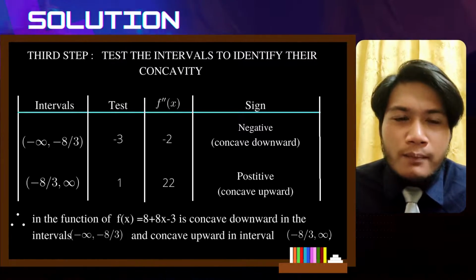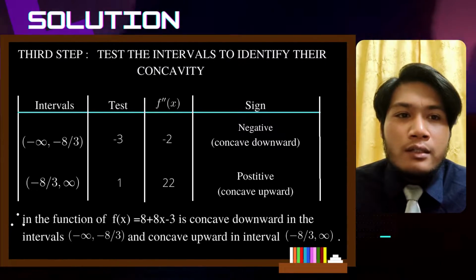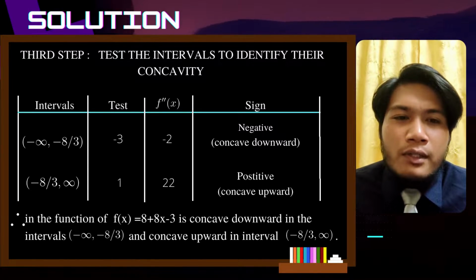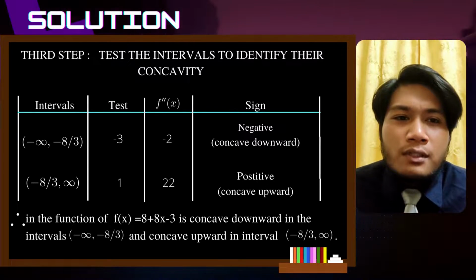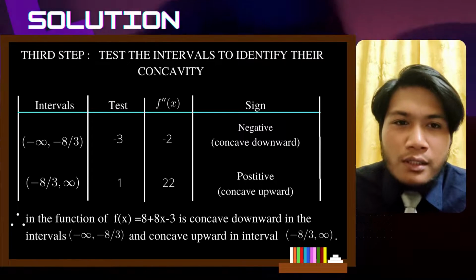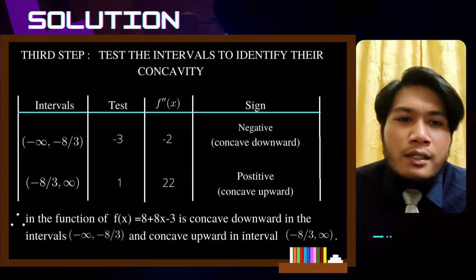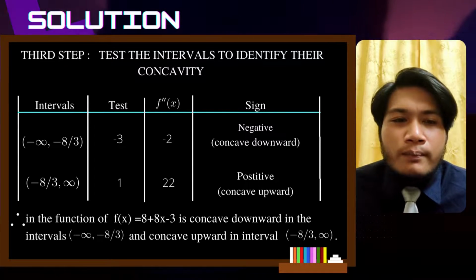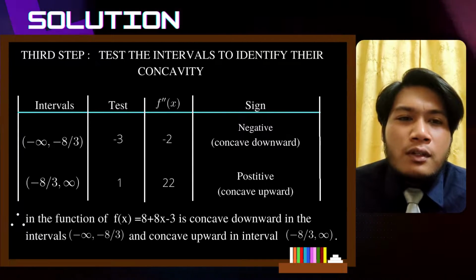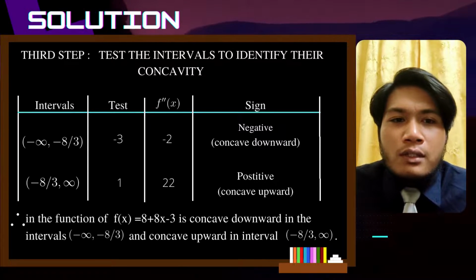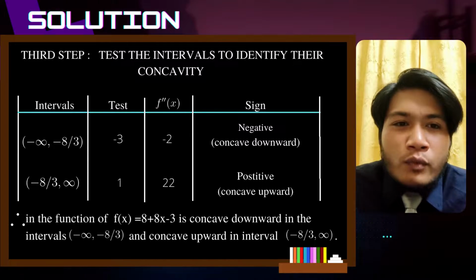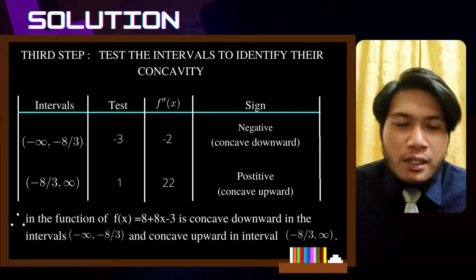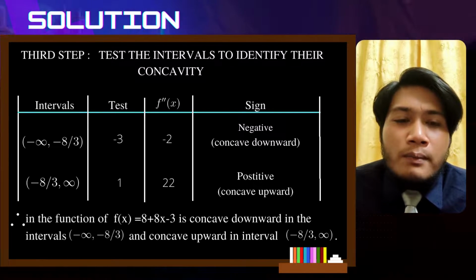For the last step, we test the intervals to identify their concavity. The first interval is from negative infinity to negative 8 over 3, and the second interval is negative 8 over 3 to positive infinity. For the first interval, we choose negative 3 and substitute it into the f double prime equation.